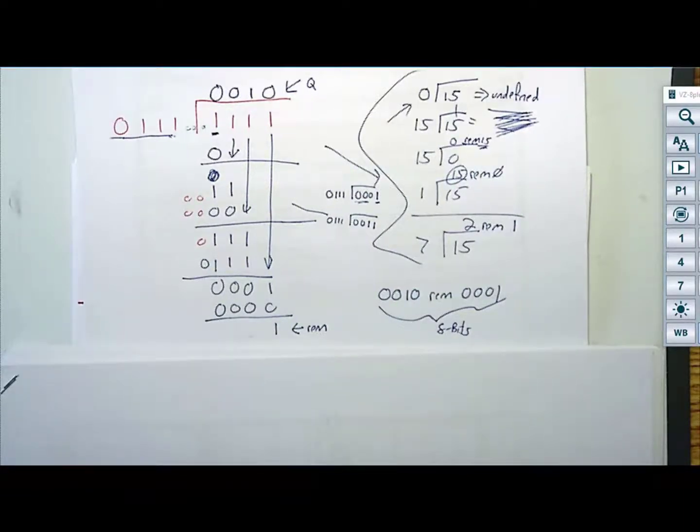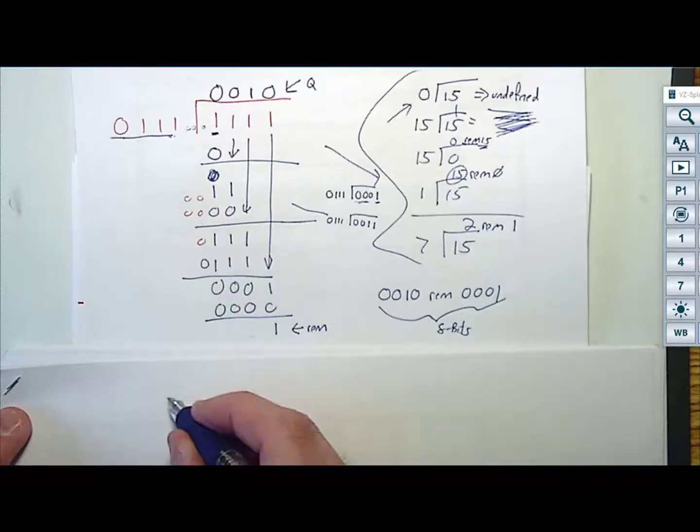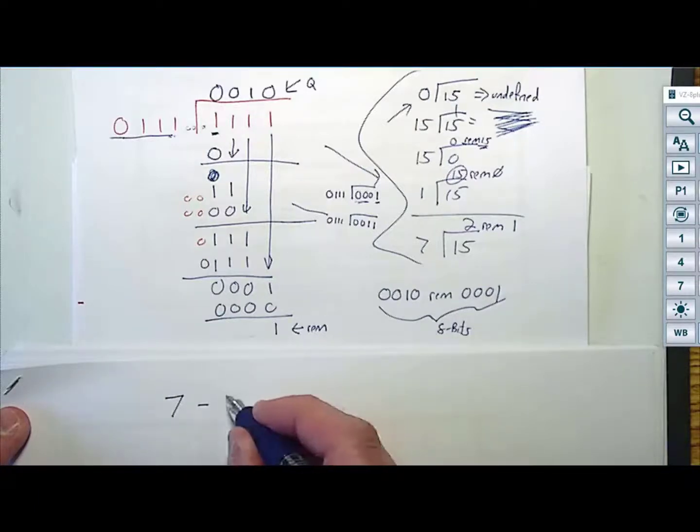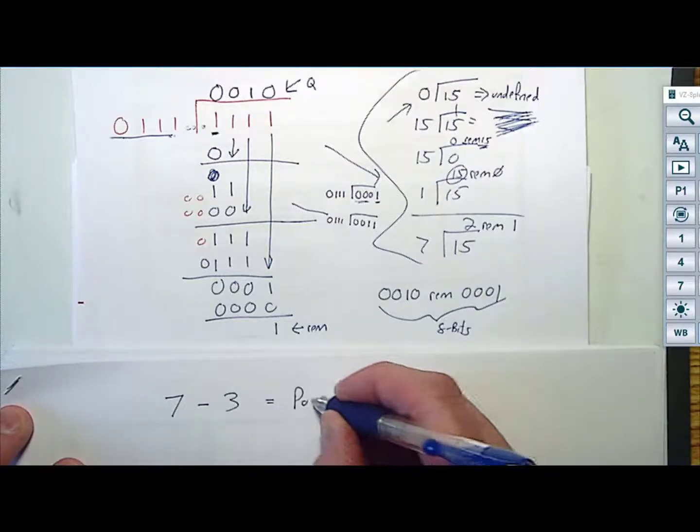What if I took 7, and I said, does it go into 3? What if I subtracted them? Exactly. If I took 7 minus 3, I would get a positive number.